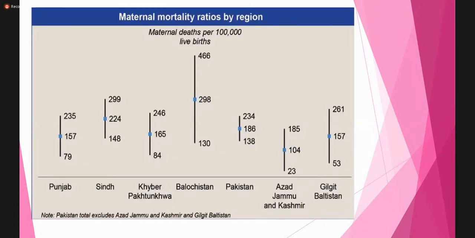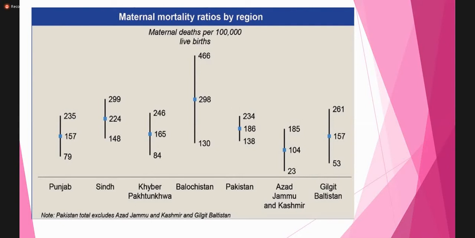Punjab has 157, which is better than Sindh and Balochistan. Khyber Pakhtunkhwa is number 2, at 165 maternal deaths per 100,000. Then Sindh 224, the situation is not good, and Balochistan is worse, at 298 per 100,000.